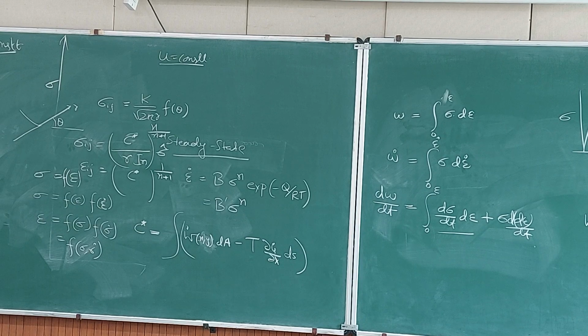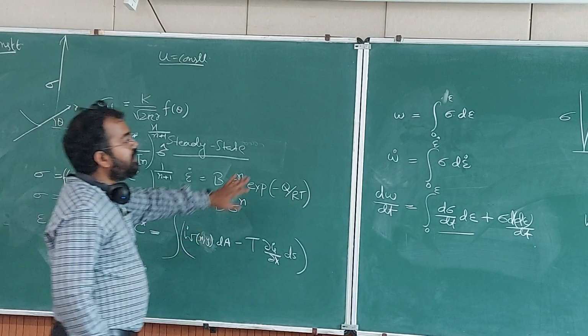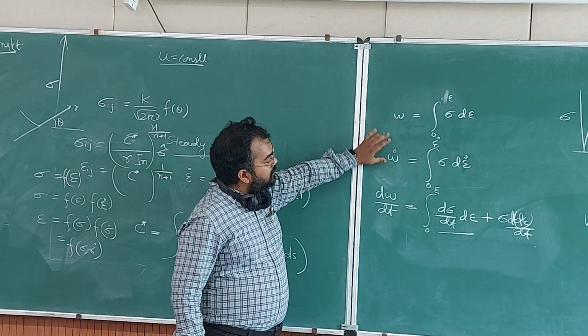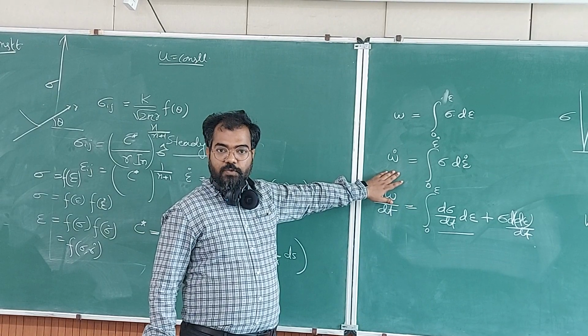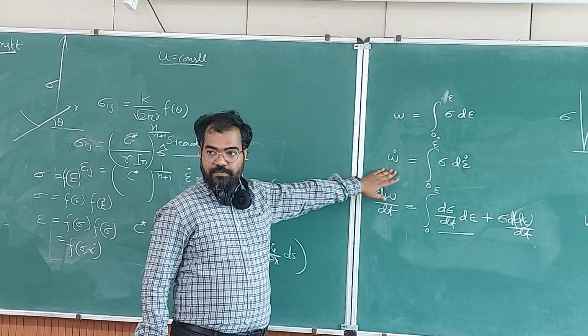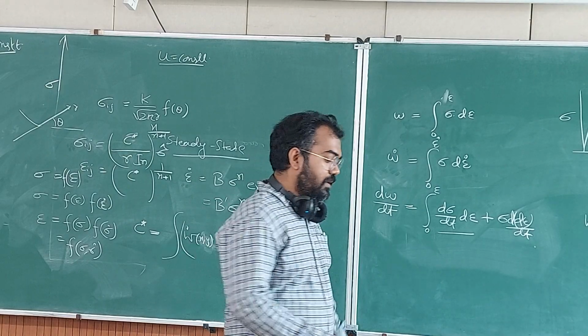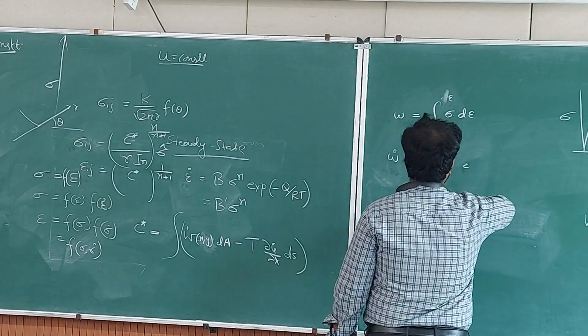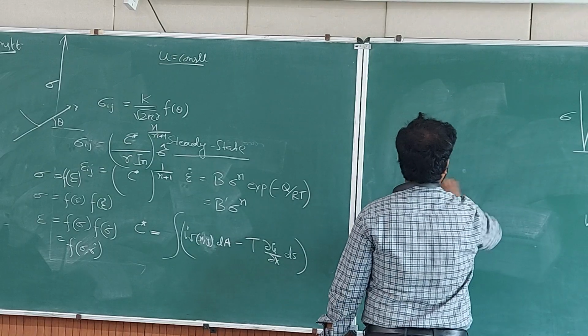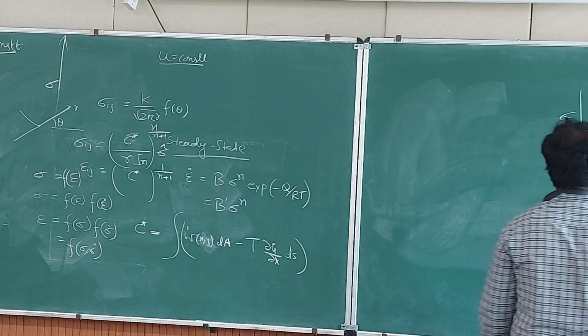So when stress is constant with respect to time, only then you will get only the second term, and the derivative of this will be equal to that. Only when stress is constant. Okay, so we have this new integral and we don't know what it is defining.